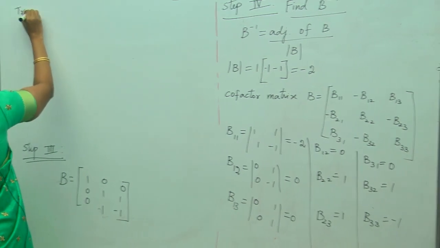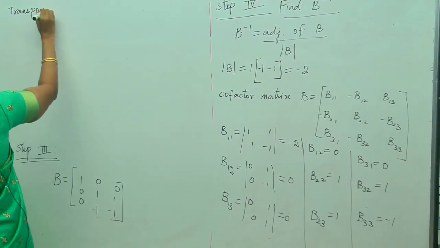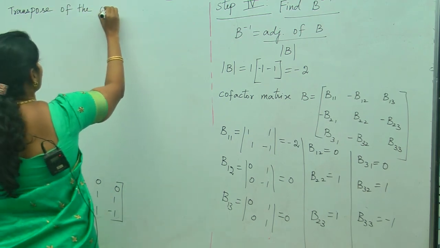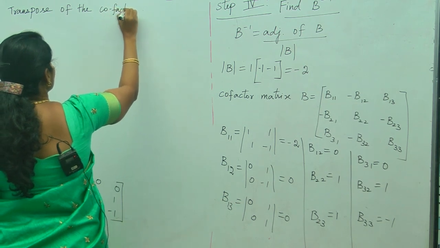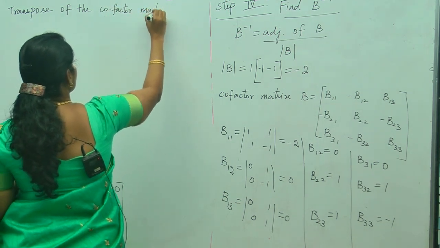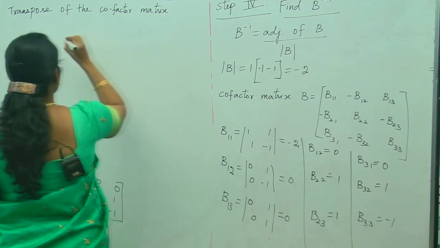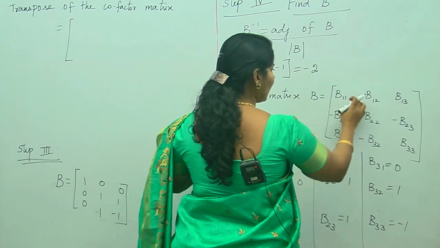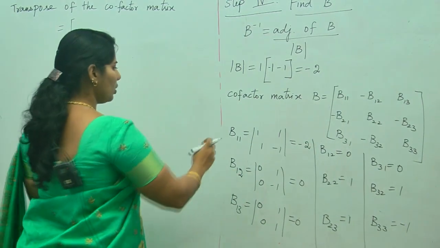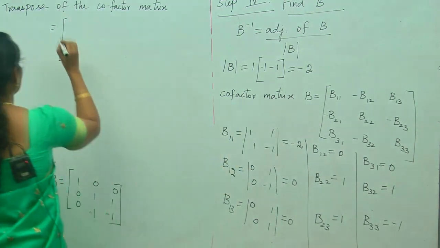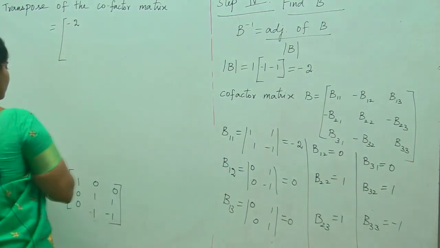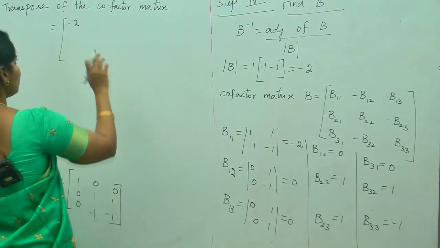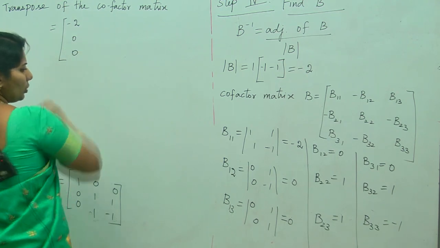What is the transpose of this? Transpose of the cofactor matrix, which is equal to, this is what is given, you can directly write the transpose of this. So what is it? Minus 2, and then next one B12 is 0, anyway it is going to be 0, 0, 0.